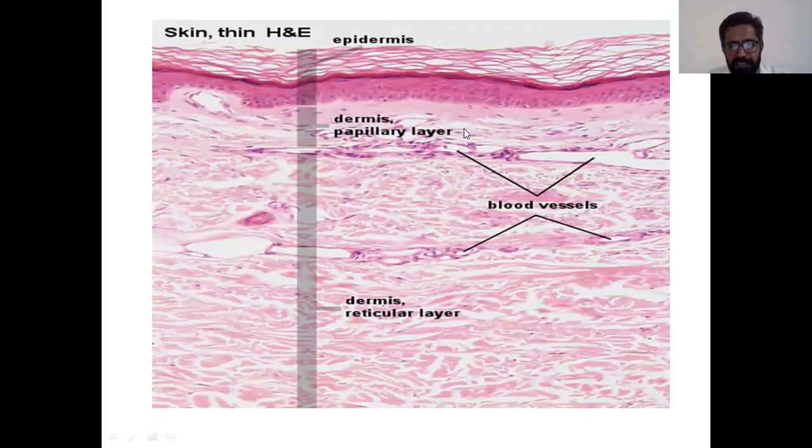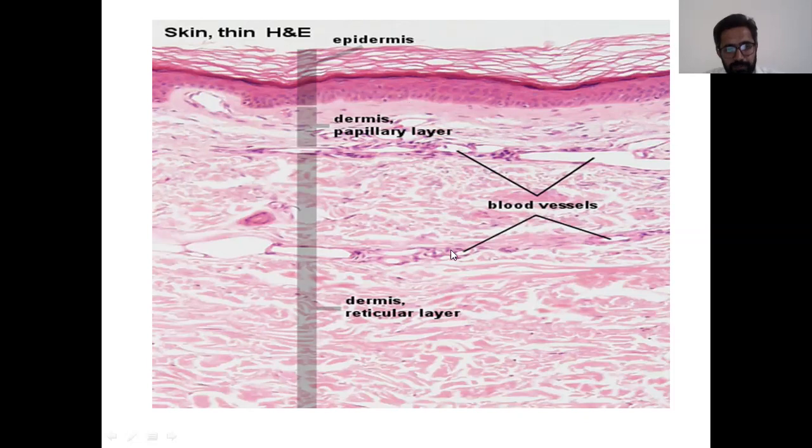But if we look at the dermis, look at this part. It is not giving a more fibrous arrangement. It has more cellularity, but it is a comparatively thin layer. To correct, the papillary layer of dermis is actually more cellular, less fibrous, but a comparatively thin layer.